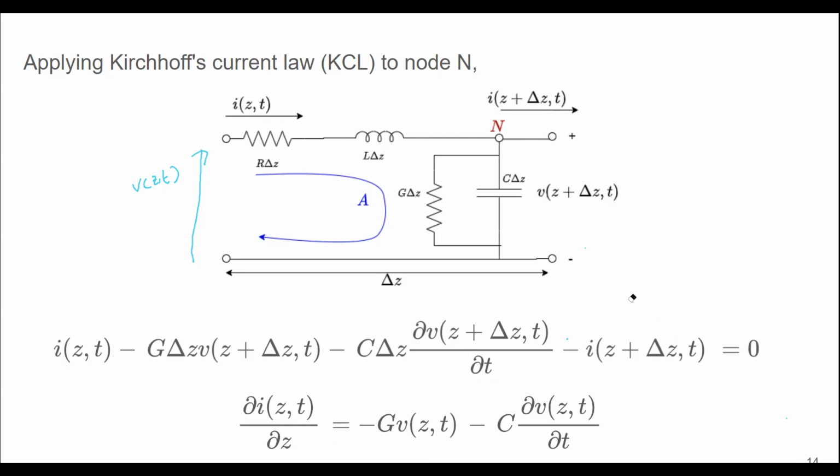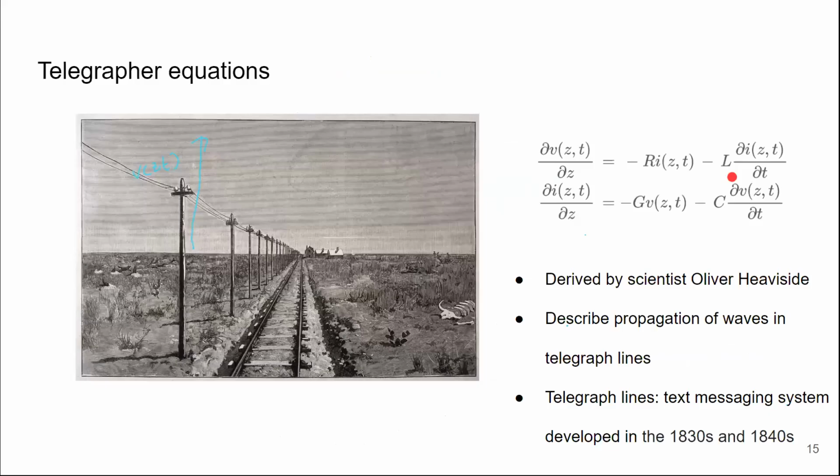So we can find the relationship between the current and the voltage using this equation. Previously we found a similar relationship between voltages and currents, right? So once we take the two equations that we have formed previously, we can put them in one place like this. These two equations are known as the telegraph equations.